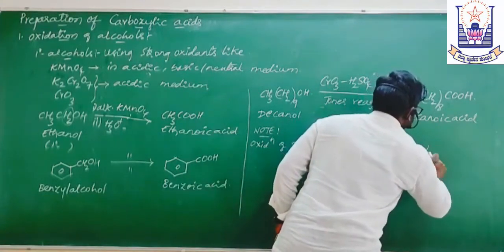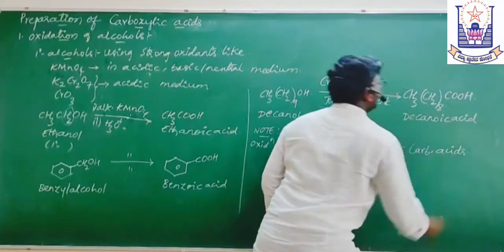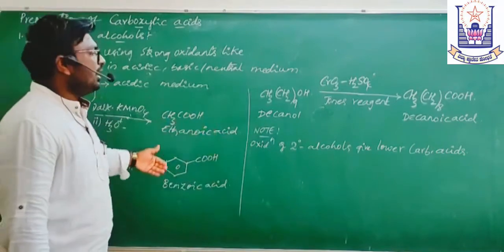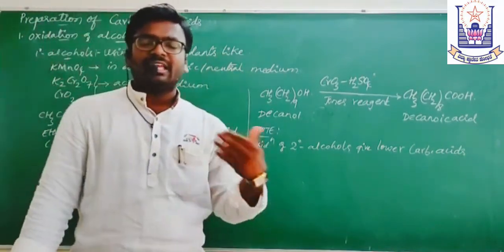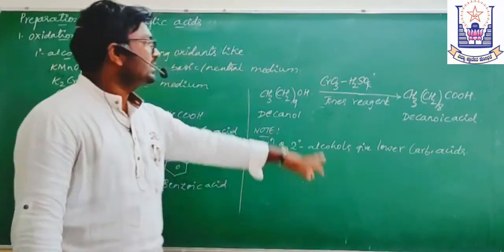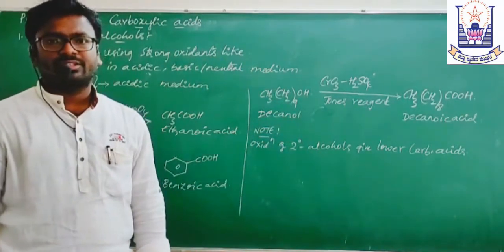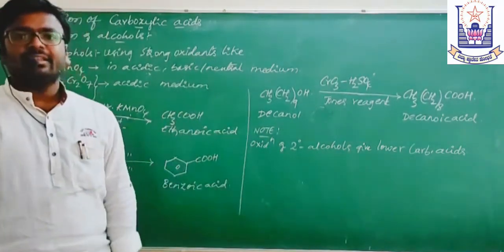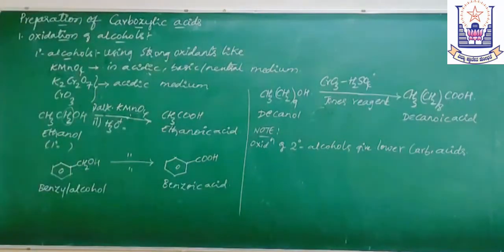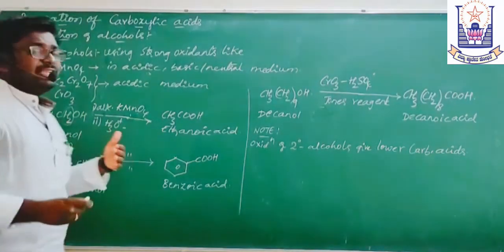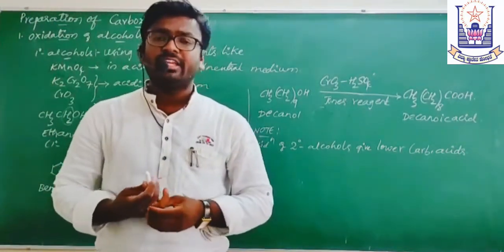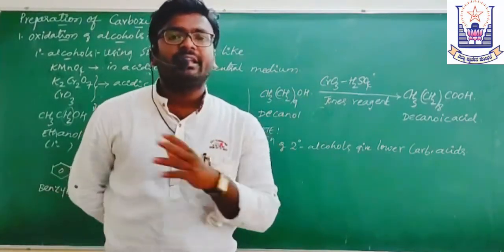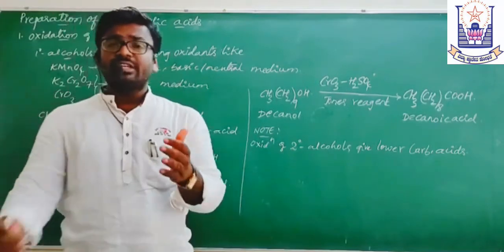And if unsaturation is present in the alcohol, an unsaturated alcohol can be converted to the unsaturated carboxylic acid using Jones reagent. This is all about the oxidation of primary and secondary alcohols. The oxidation of aldehydes and ketones to carboxylic acids was already discussed under the chemical reactions of aldehydes and ketones, so we shall recall that topic.